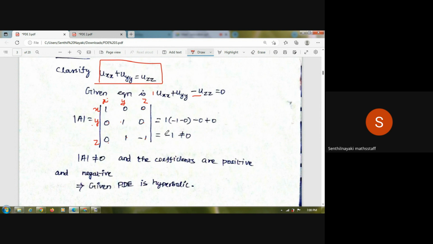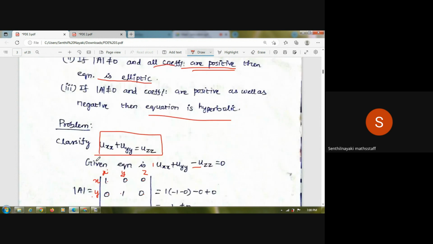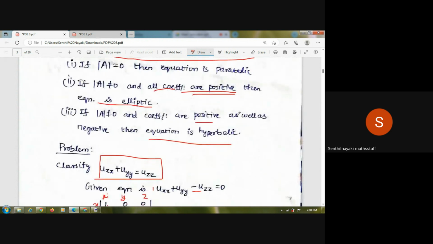So the determinant is not equal to 0 and the entries of the matrix are either 1 or 0 or minus 1. There are 3 different entries. So here the entries are positive and negative. Positive as well as negative means the given PDE is hyperbolic.